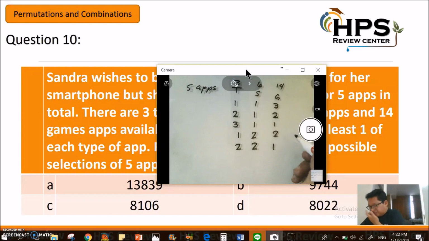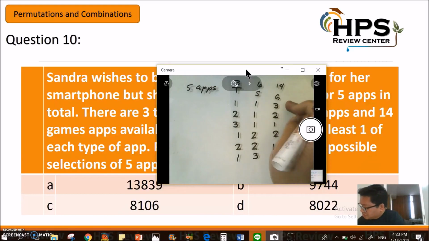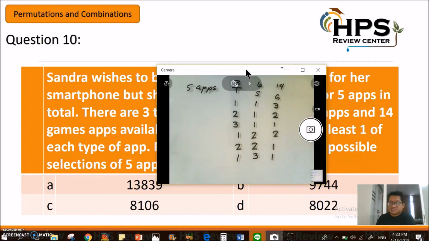Are there any other possibilities? 1, 2, 3, 4, 5. I think that's all. Am I right? Yes. If this is, oh, one more. If this is 3, then you can have your 1 and 1. Yeah, I think that's all. 1, 2, 3, 4, 5, 6. Yeah, there are 6 possibilities.